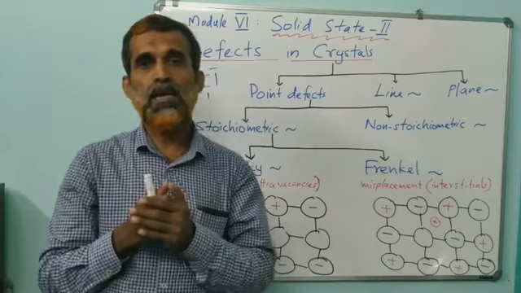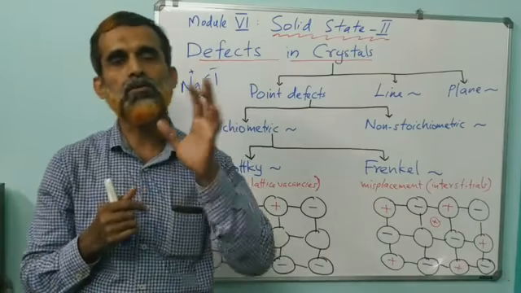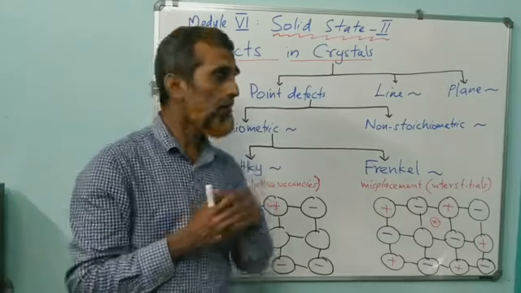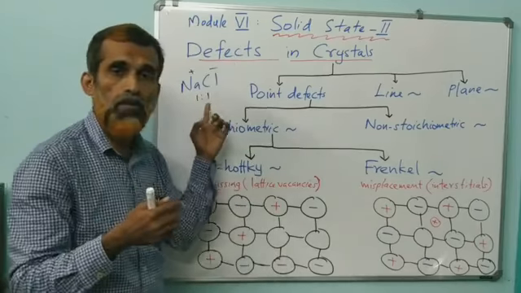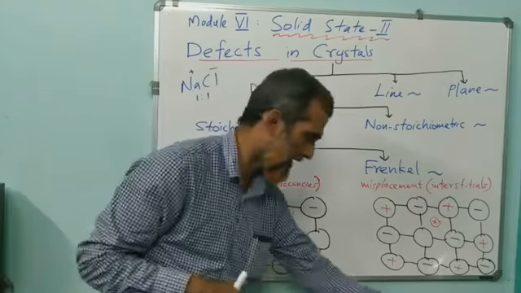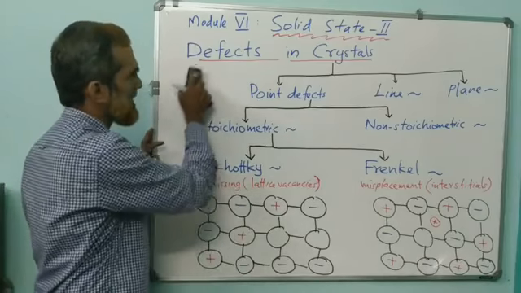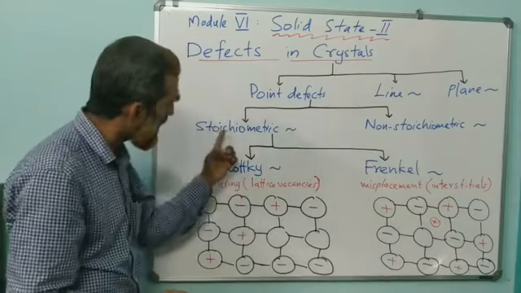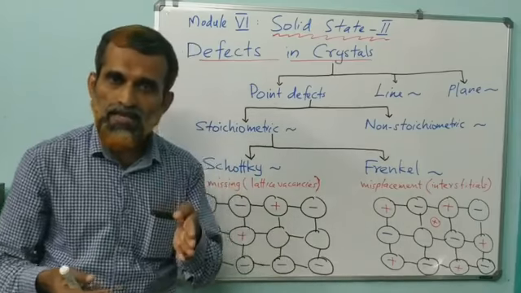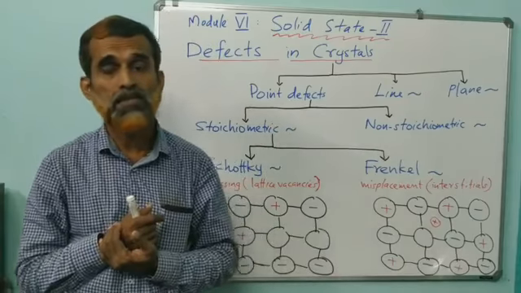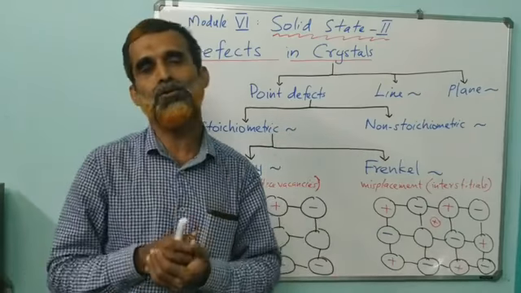If you check the crystal of sodium chloride and see that the number of ions are as in the formula, we say it is stoichiometric. There are some crystals which exhibit non-stoichiometry. Now, what is a stoichiometric defect? A defect which does not affect the stoichiometry of the compound, that means which doesn't violate the stoichiometry.